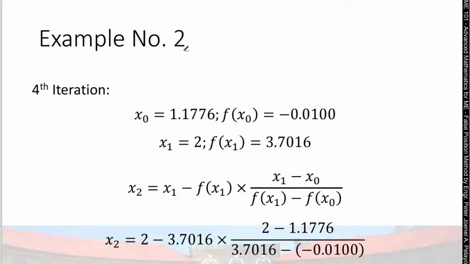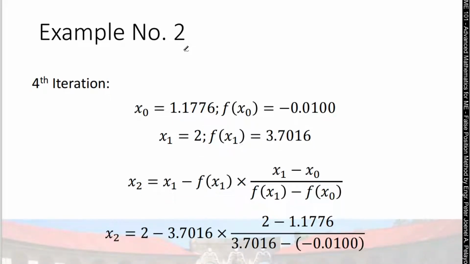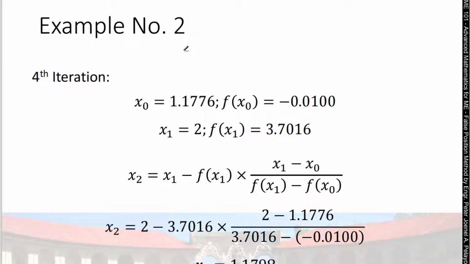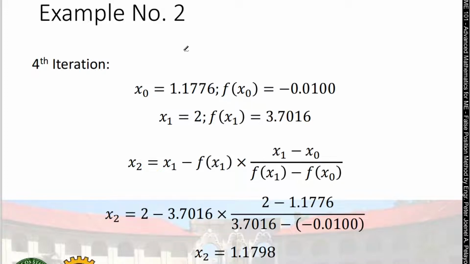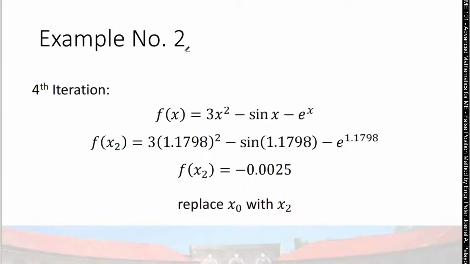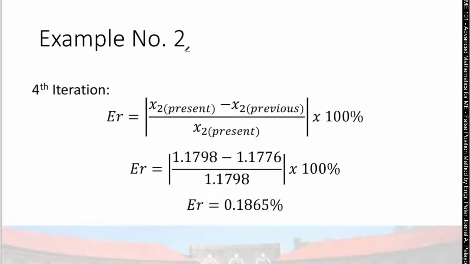Fourth iteration: the way of solving just repeats, with x0 changing to x2. The fourth iteration of x2 is 1.1798, and f(x2) is negative 0.0025. So, replace x0 with x2.